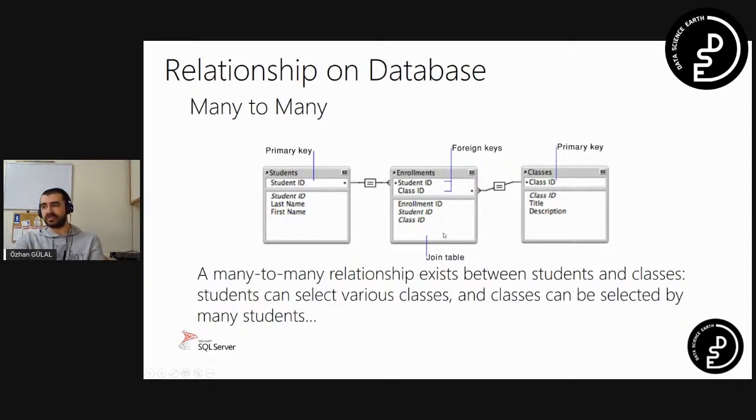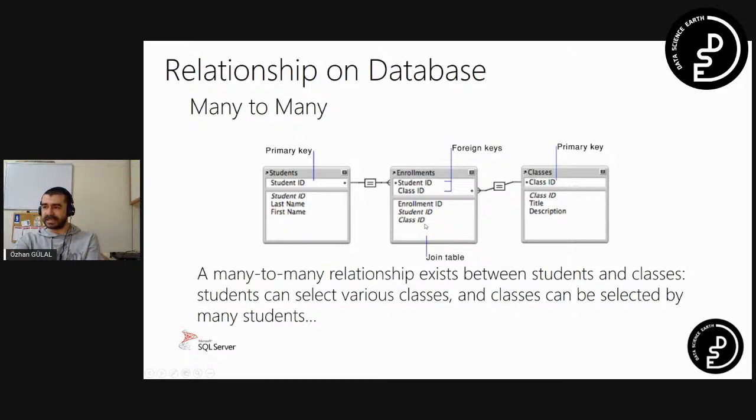The purpose of the join table is that it has to store the student ID and, at the same time, the class ID. Because of this, we can see the student ID and the class ID inside of the enrollments table. Okay?